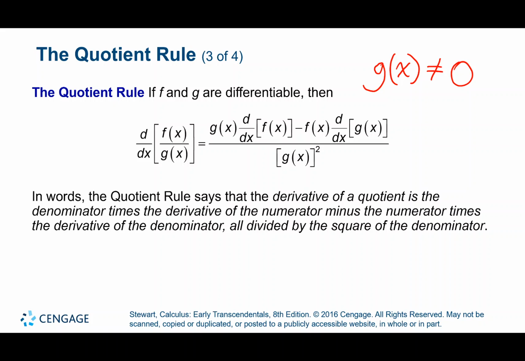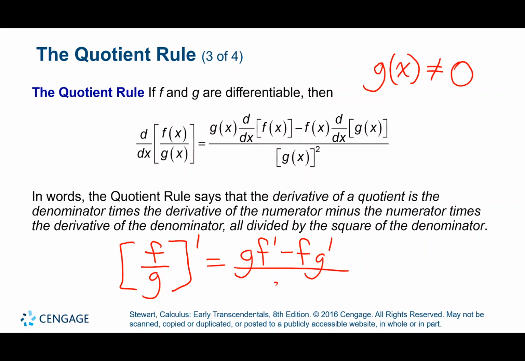In the prime notation, I like it because you get all the brackets out of the way. We want g f prime minus f g prime over g squared. So the same formula, just different notation.